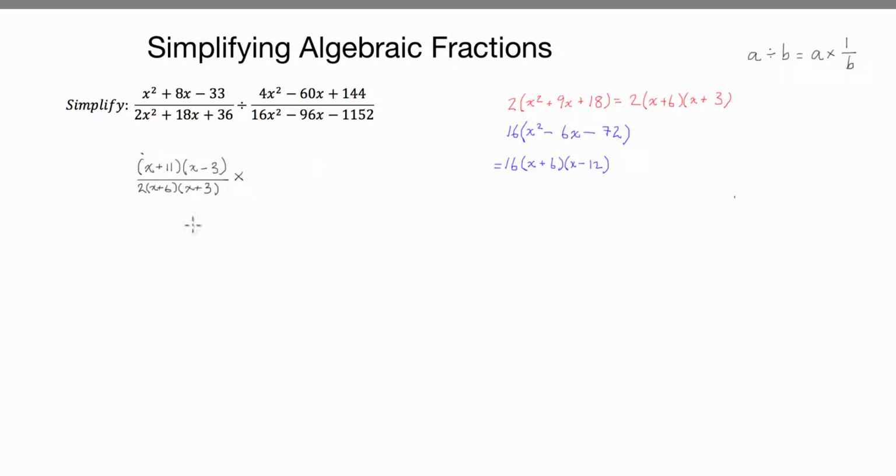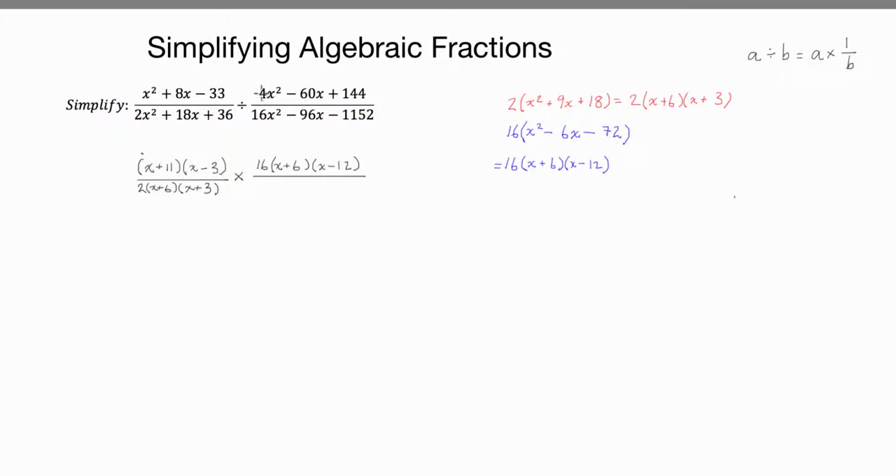Now, that's going to go in the numerator on the right-hand side of this expression. So we have 16 times x plus 6, x minus 12. Beautiful. Okay, draw a line. Let's just draw a nicer line. That's better.